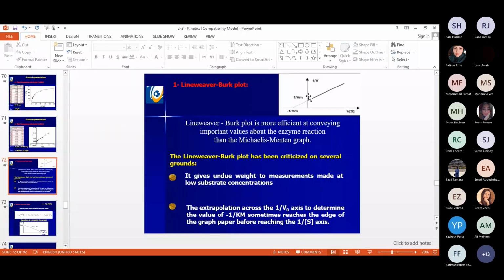So sometimes it gives undue weight to measurements made at low substrate concentration, because at low substrate concentration the values are at high values of 1 over S. And then the extrapolation across 1 over V0 to determine 1 over Vmax, and on 1 over S to determine the value of 1 over Km, could be a little bit difficult, specifically when you find yourself with the value of minus 1 over Km outside your graph paper.